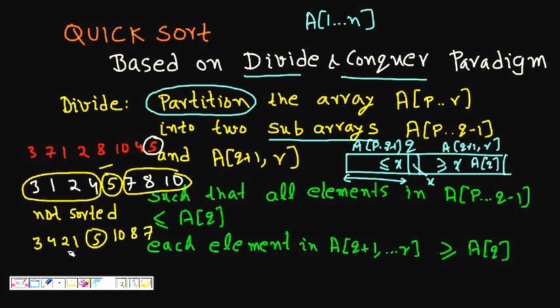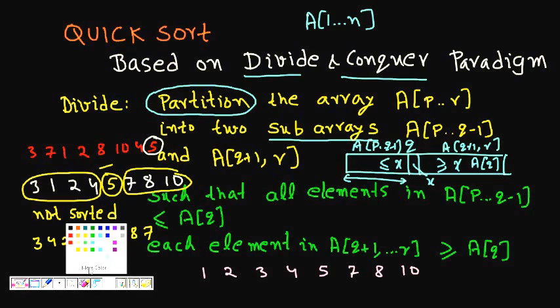Now we see that there is a beautiful result. What is the sorted form of this? We have 1, 2, 3, 4, 5, 7, 8 and 10. So this is the sorted array. And what are the indices? 1, 2, 3, 4, 5, 6, 7, 8.